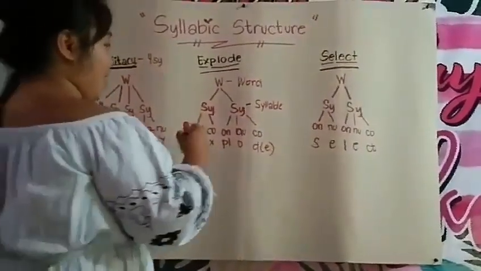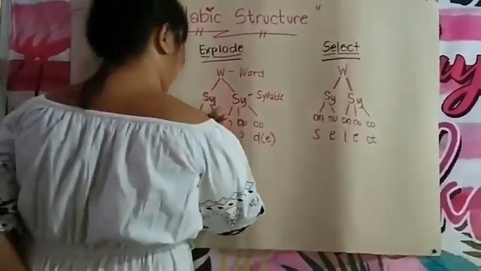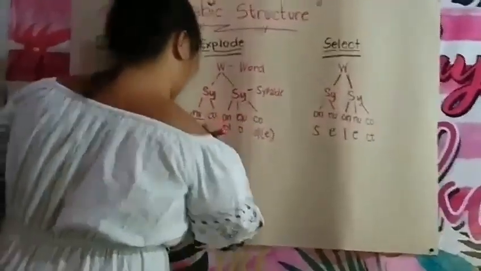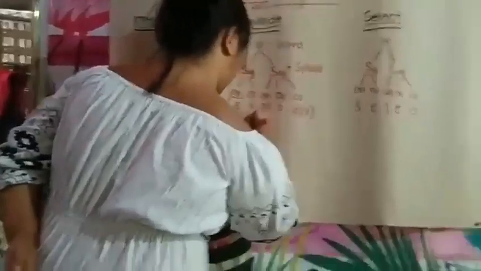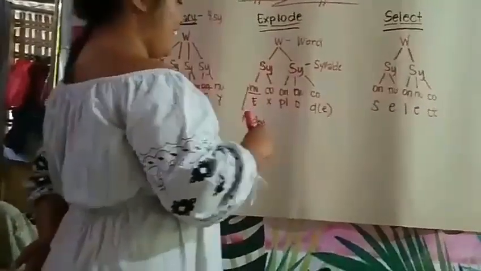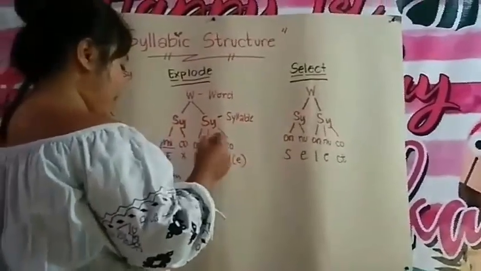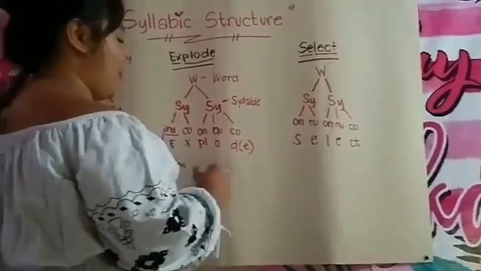So E is a vowel, so that will be a nucleus. And then X is a consonant, so this will be a coda.